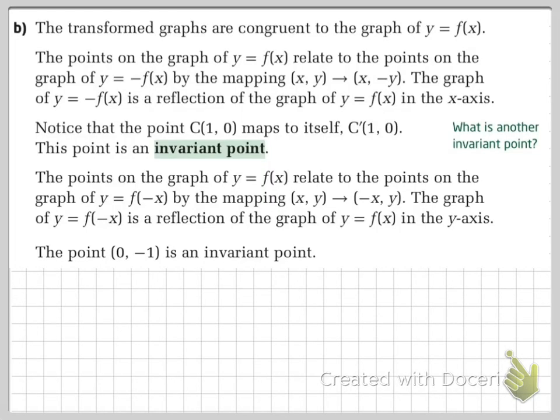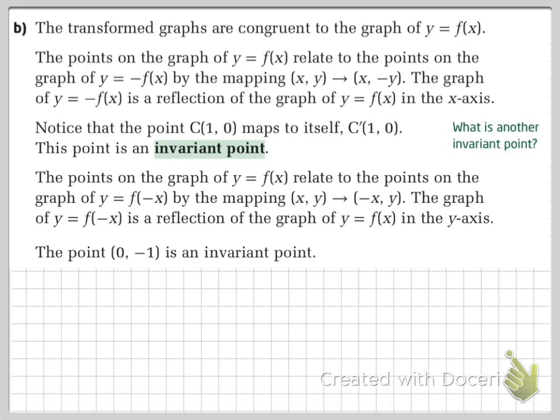And for part B, it says that the transformed graphs are congruent to the graph of f at x. The points on the graph f at x relate to the points on the graph of y equals negative f at x by a mapping of x, y goes to x, negative y, as we wrote on the last page. Notice that the point C maps onto itself, so C prime 1, 0 and C 1, 0.